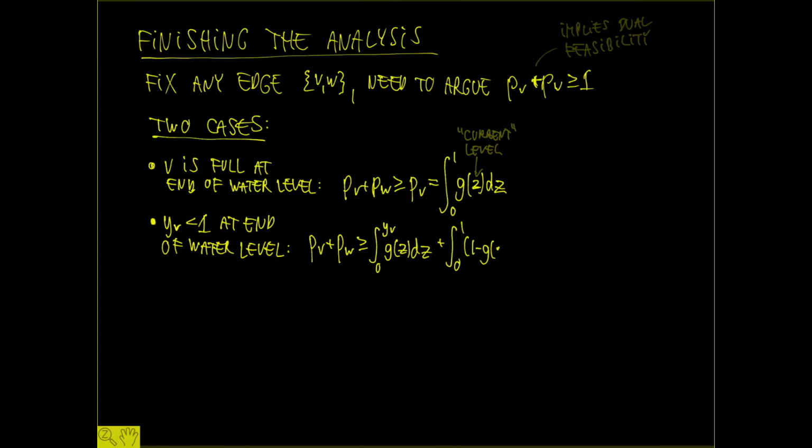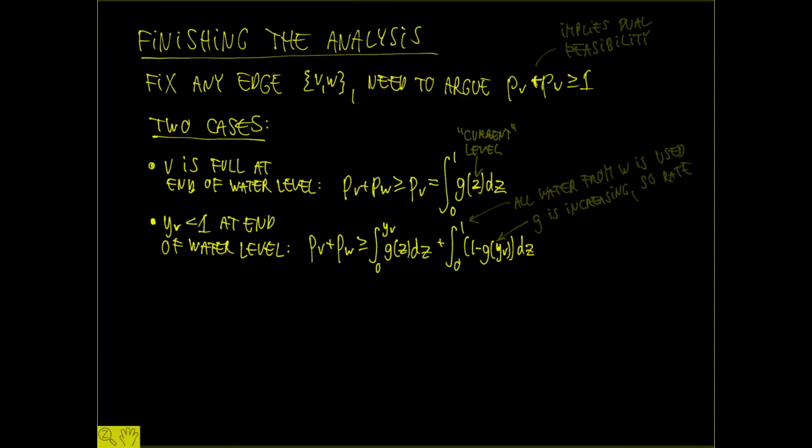And then we have to lower bound the value of PW. And we don't know exactly how much has been added to PW, but we do know that whatever was added is more than whatever would have been added if the neighbors had level YV.